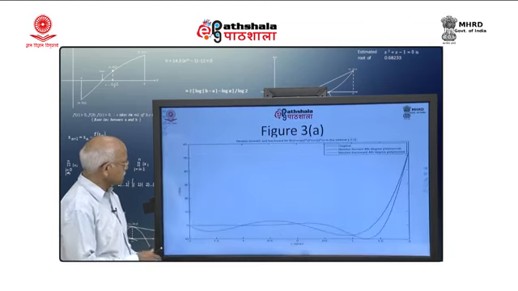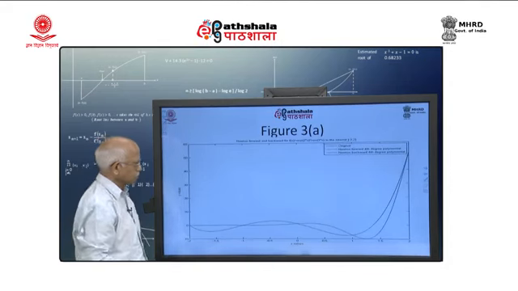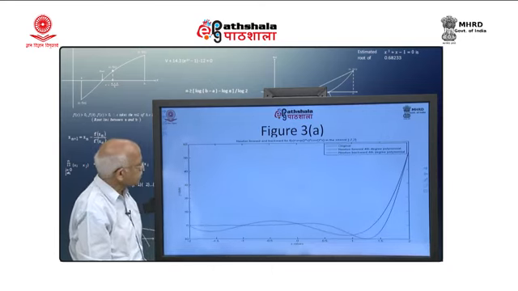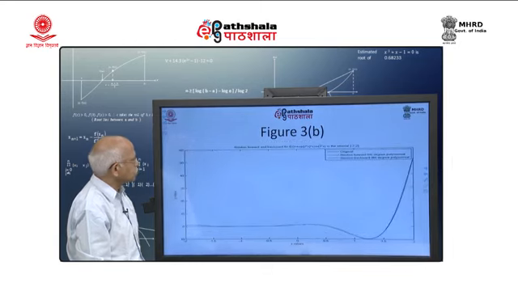And you can see that the observation is like this. This is your blue curve, and now you can see the black curve. Everywhere there is an error. At very few points it agrees exactly, but there is an error everywhere. This is the 4th degree polynomial.